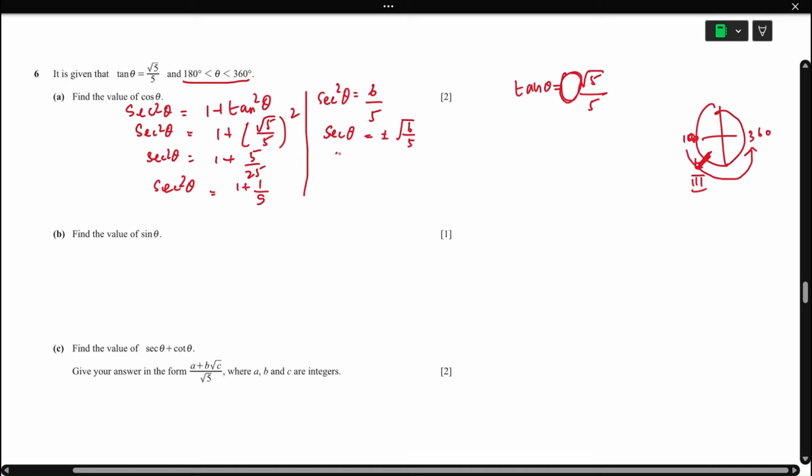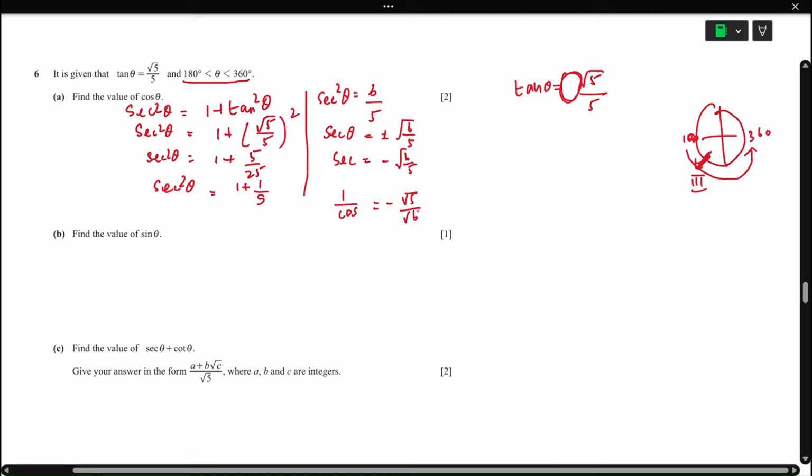So I can choose only secant equal to the negative value, which is negative square root of 6 over 5. So I'll change into cos, secant is 1 by cos. 1 by cos equals the right side also, so I'll make a swap.